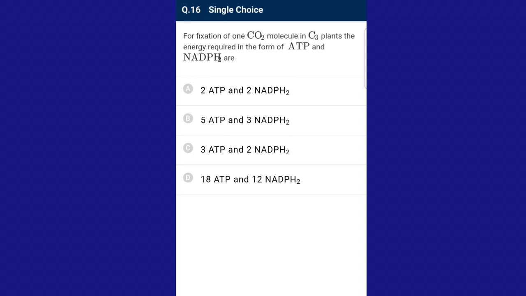Carbon dioxide acceptor molecule is RuBP. The enzyme catalyzing this reaction is Rubisco enzyme. In this cycle, for the formation of one molecule of hexose sugar, that means glucose, 18 ATP molecules and 12 NADPH2 molecules are used. For the assimilation of one molecule of carbon dioxide, it needs 3 ATP and 2 NADPH2 molecules. So the answer is option C.